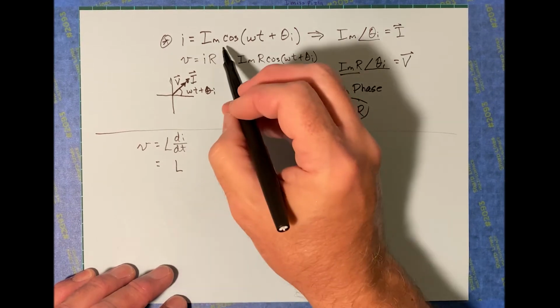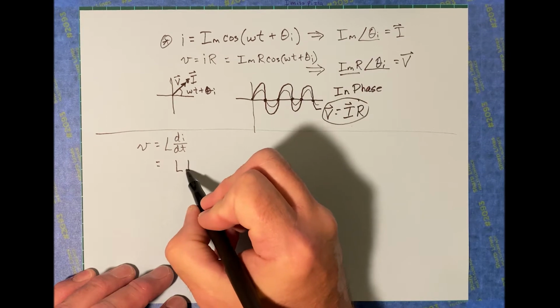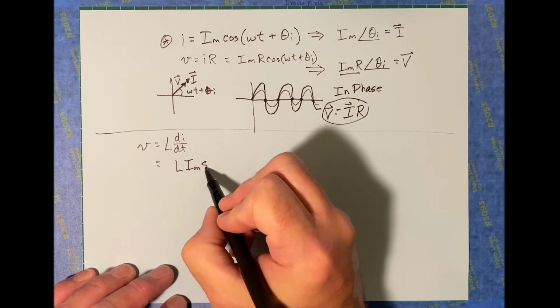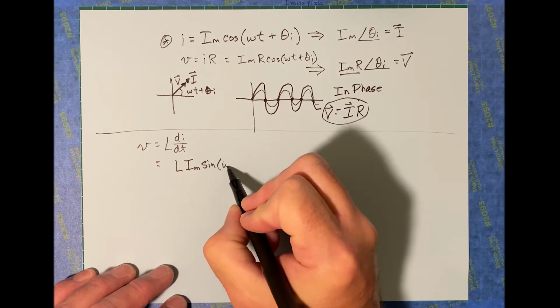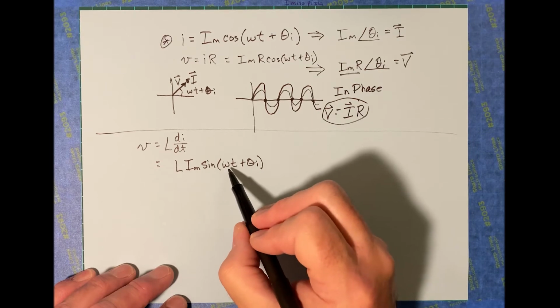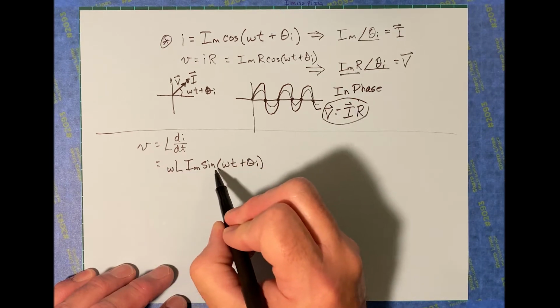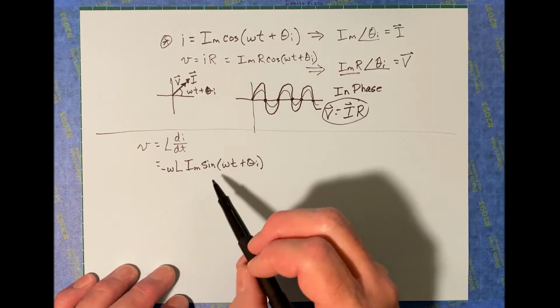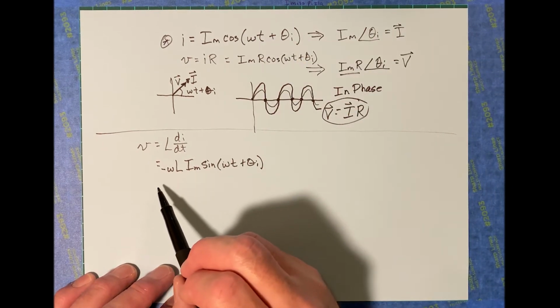L times the derivative of that, so that's going to be I sub m. Now it's going to be sine omega t plus theta sub I times the derivative of what's inside, omega, and it's going to be negative, because the derivative of the cosine is going to be minus sine, so that's where the minus sine came from.